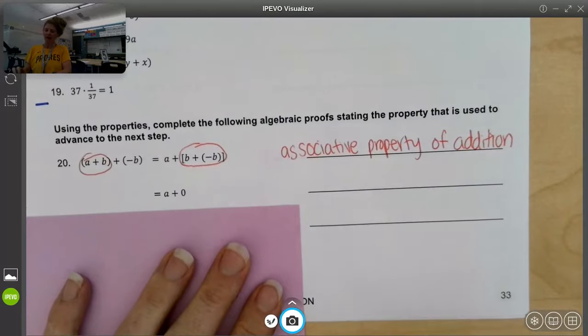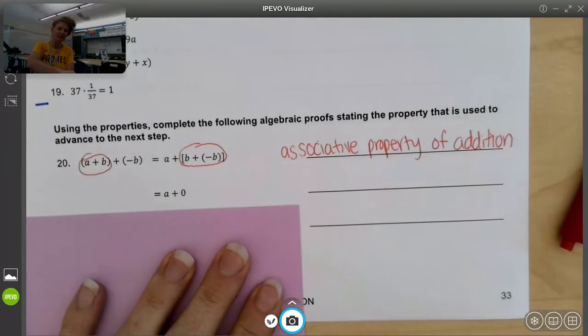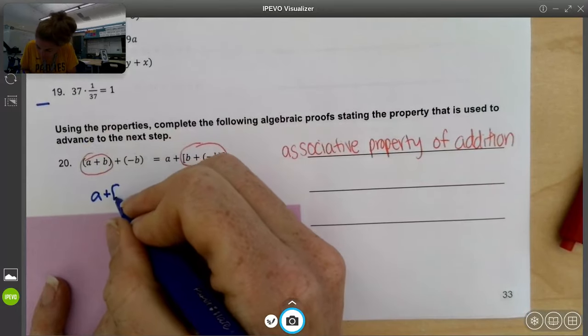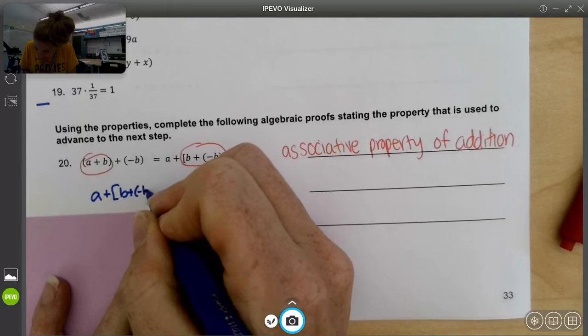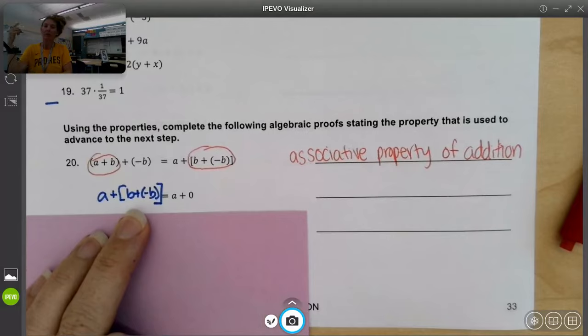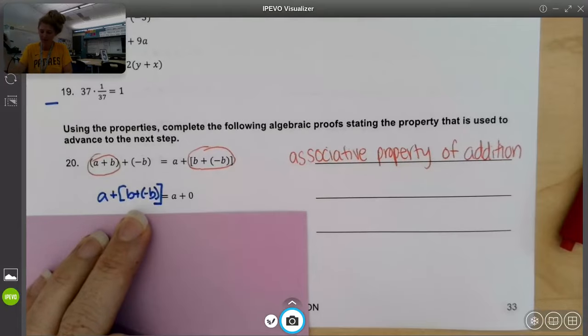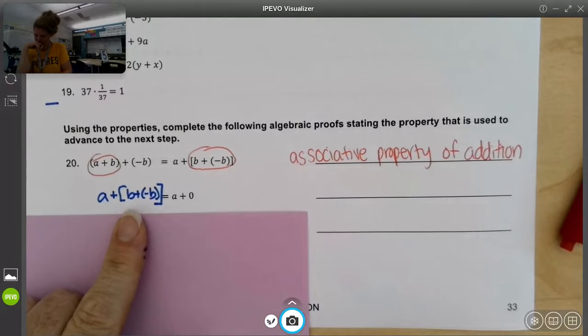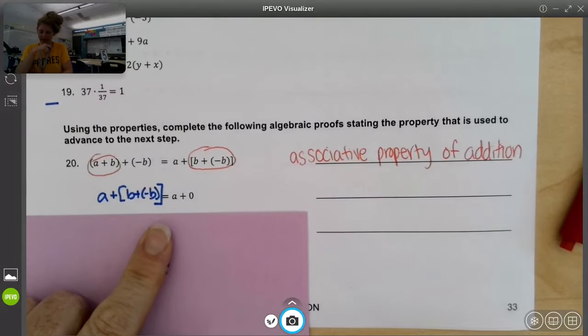Now we're thinking about just going from here to here. And if it is helpful for you to rewrite A plus B plus negative B and thinking about it like number 1 through 19 above, please do that. Make it easier for you. So what happened from this step to this step?